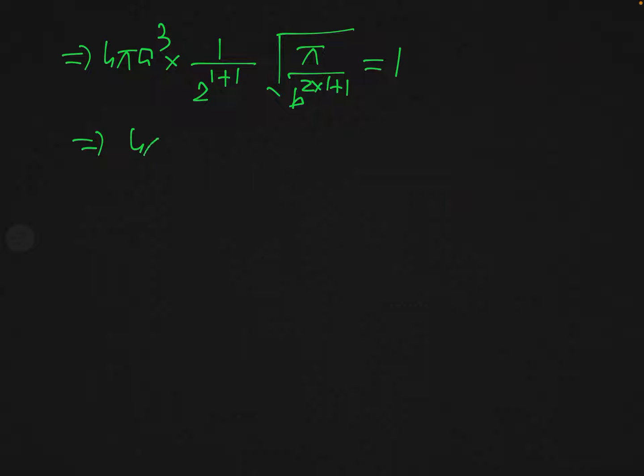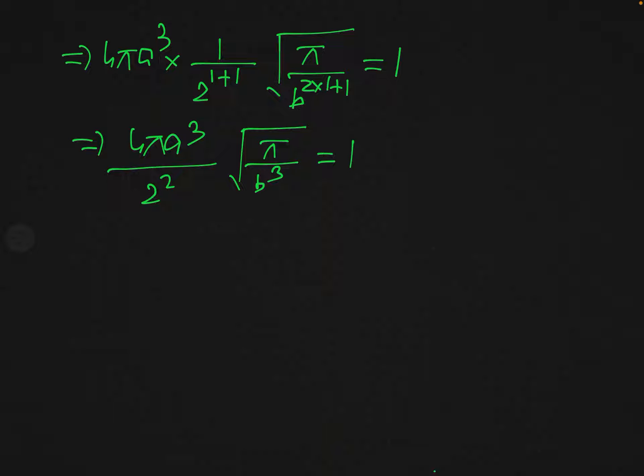So our result is this: 4 pi a cube over 2 square, since 1 plus 1 is 2, times square root of pi divided by b cube, and this is equal to 1.